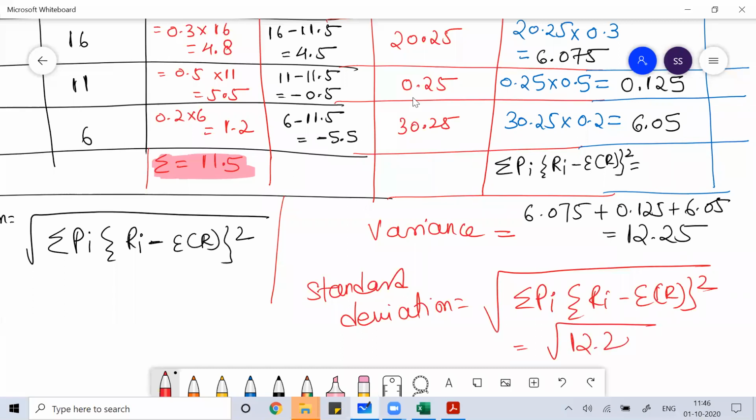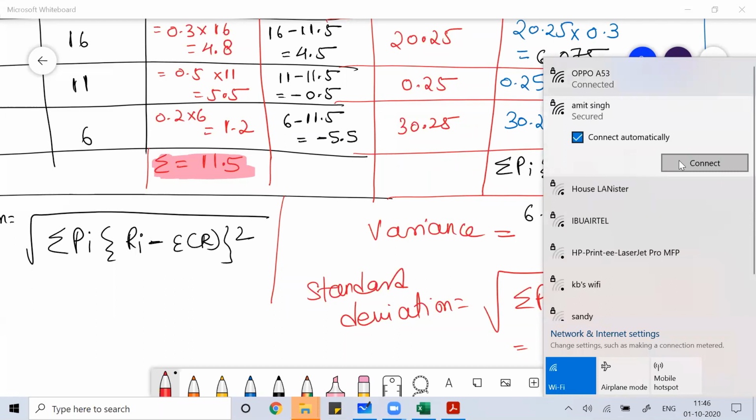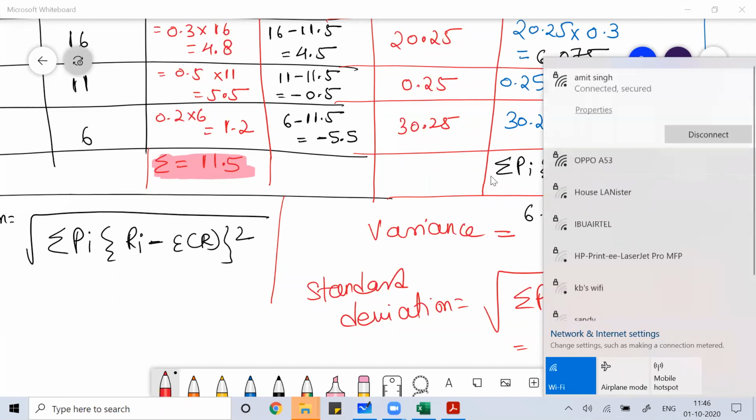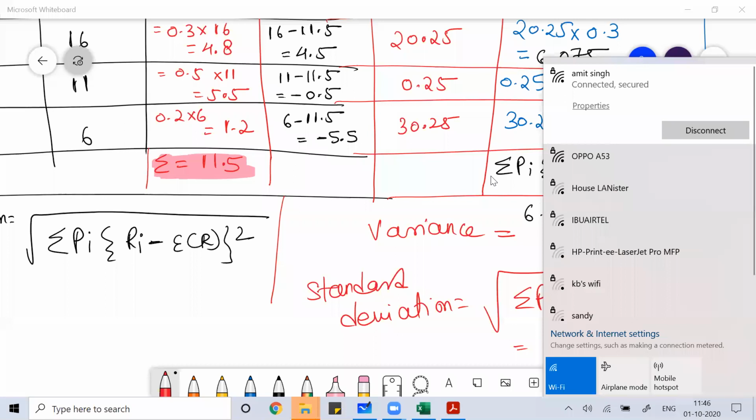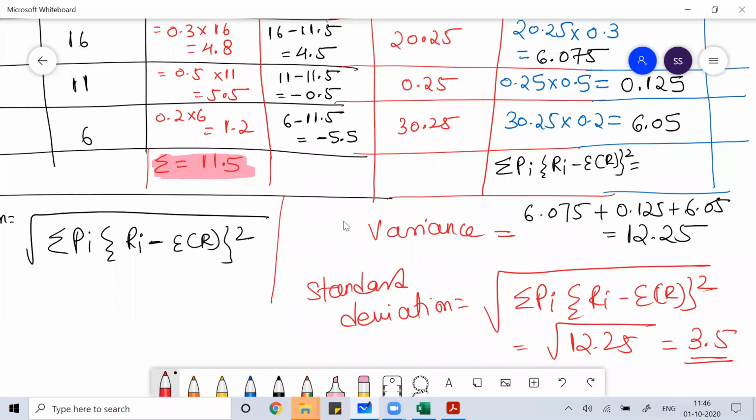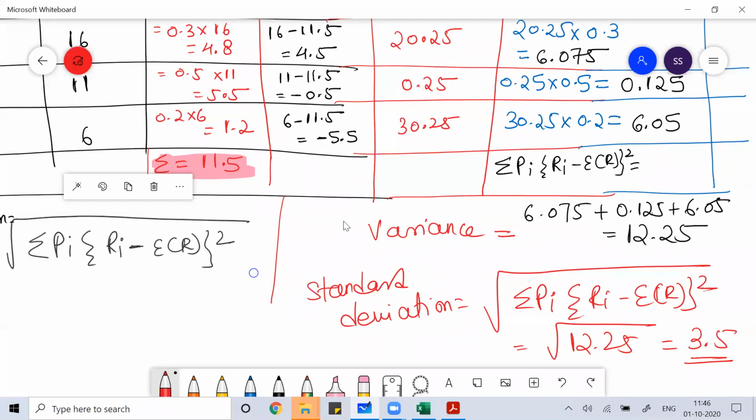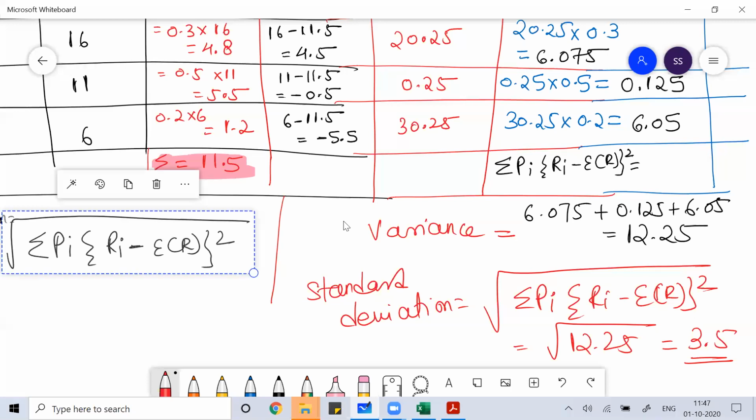Do the square root of this; that is our standard deviation, 3.5. Clear, everyone?